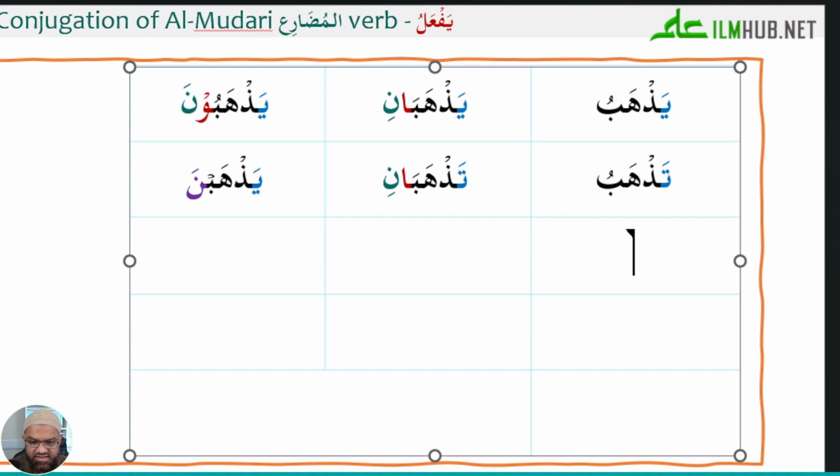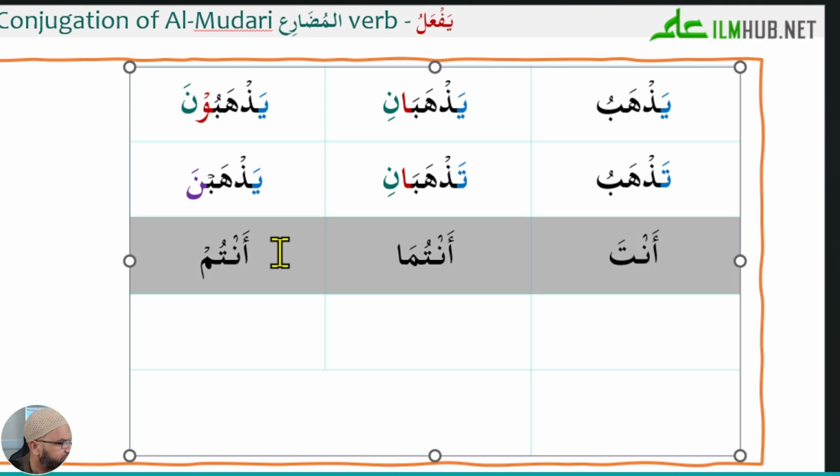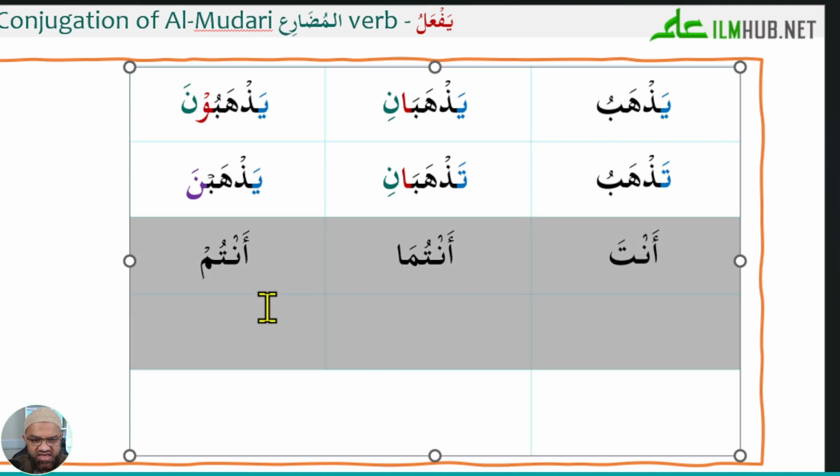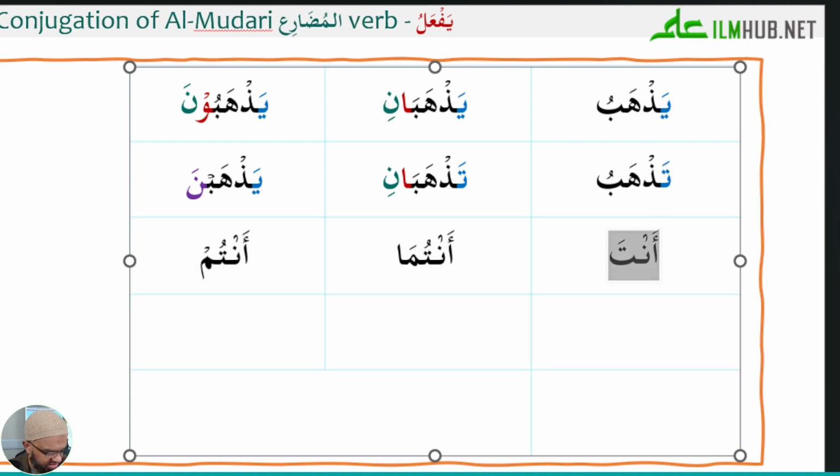Now we have anta, antuma, antum. So what will those look like? Now from here onwards, okay, ta is going to be the sign of al-mudari, all of them. So just make a note of that.